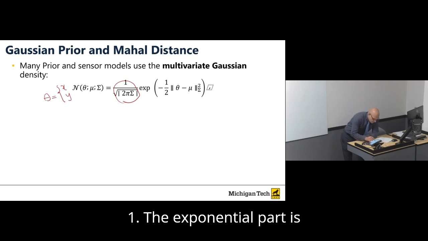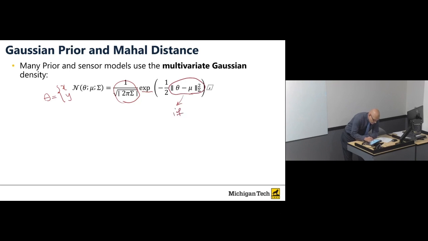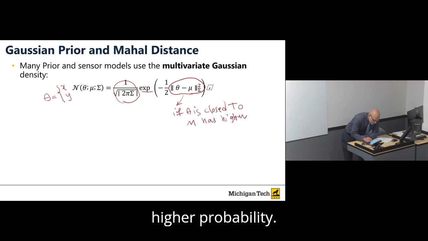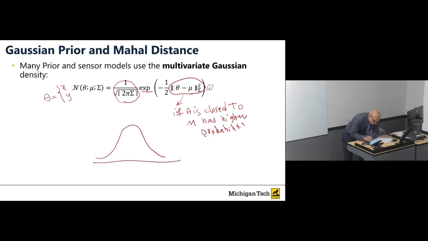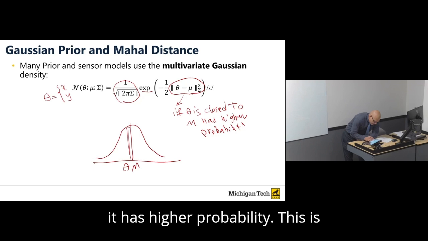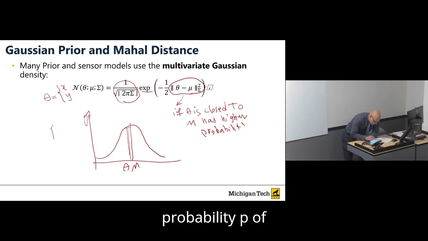The exponential part is important. It means if theta is close to mu, it has higher probability. Remember the shape? This is the probability P of theta, for example.